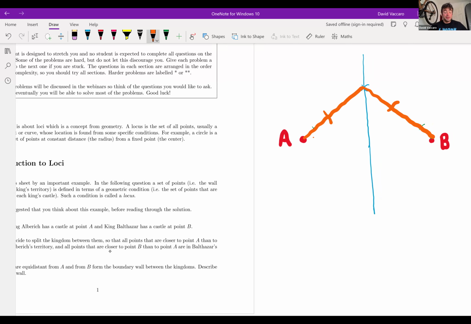Okay, and this is either a test of seeing whether you've made a start on the sheet or whether you've got good geometric intuition. Can anyone tell me what that blue, well, I'm going to say line, could be a curve, but what that blue wall will be? Okay, so Lucas suggested that it's the perpendicular bisector of AB.